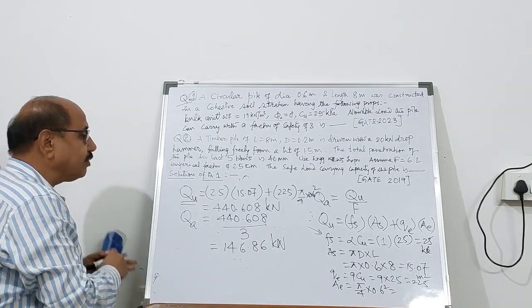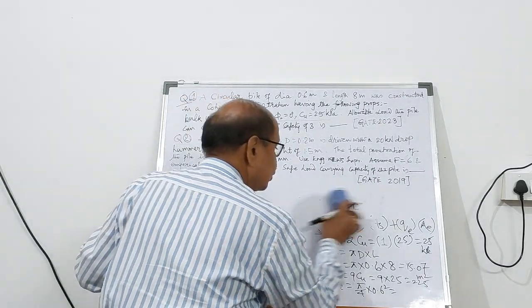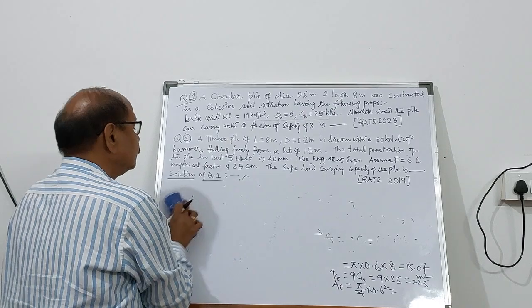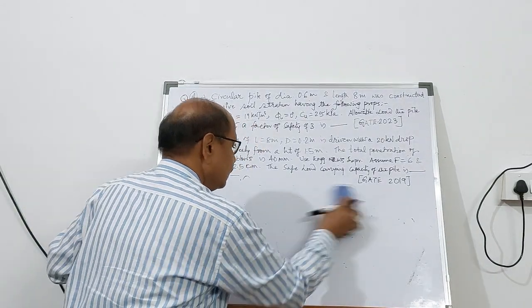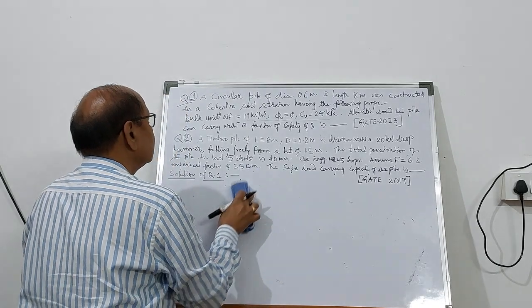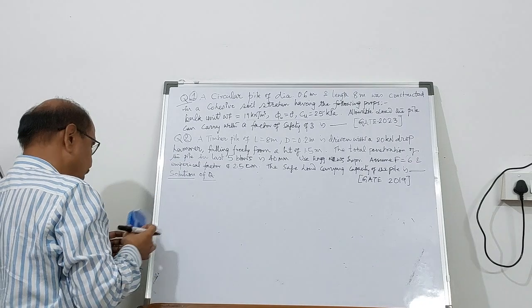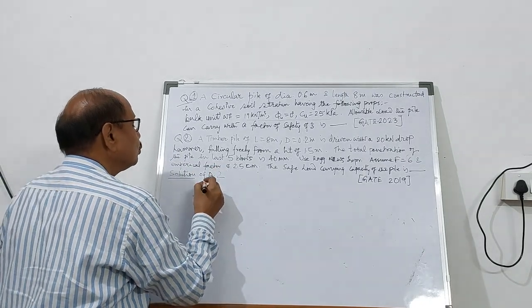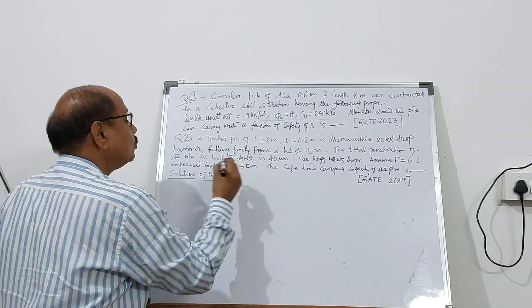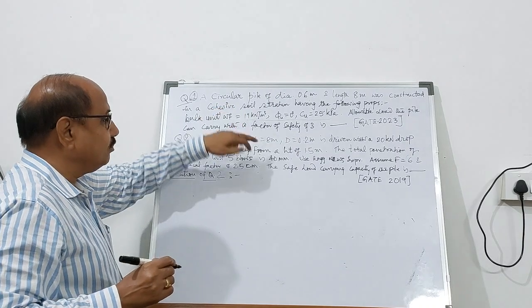So now problem number 2, that is also a GATE question that we will see how to solve. Question number 2: a timber pile. The pile is made of timber.